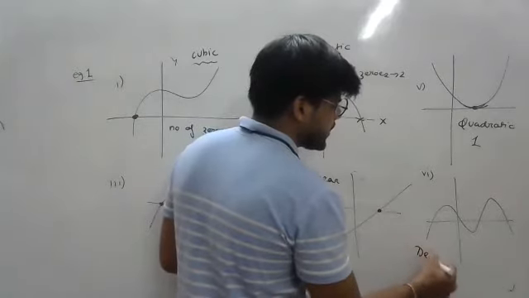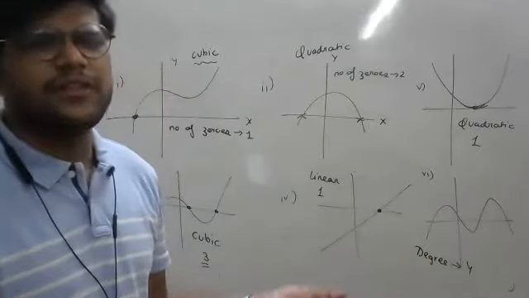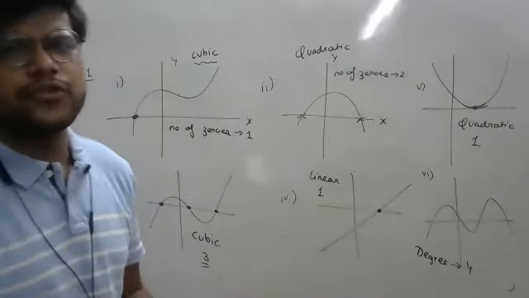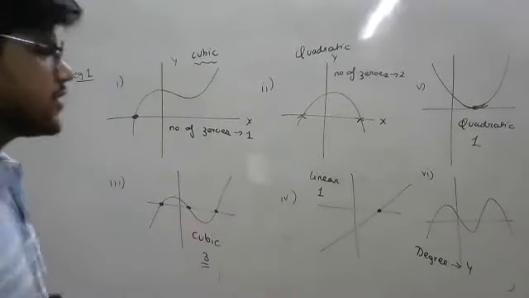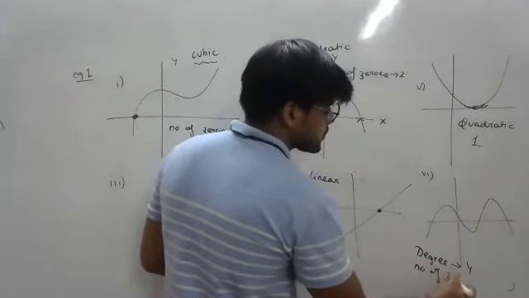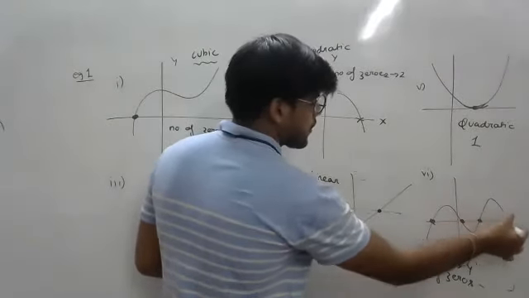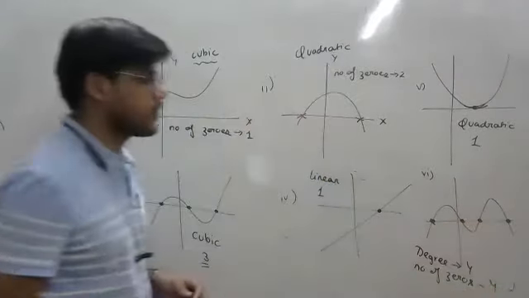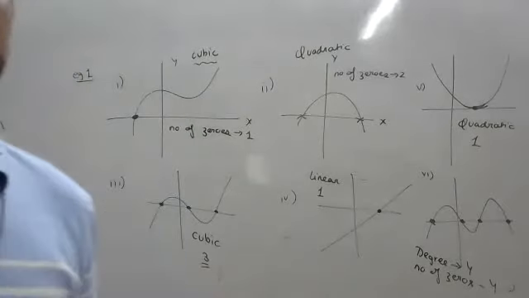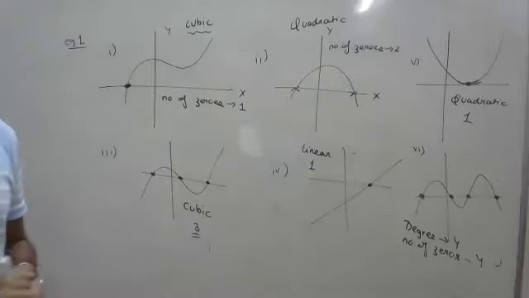See, biquadratic is right. The term is right, but it is not given in our textbook, so we are trying not to use it here. So the degree is 4 and the number of roots, zeros, is 4, because it is intersecting the x-axis at 4 different points, 4 unique points.